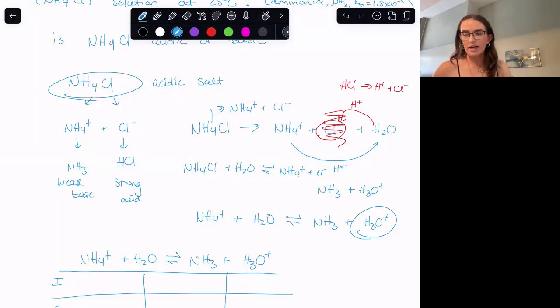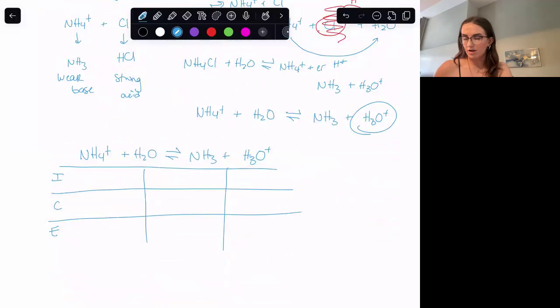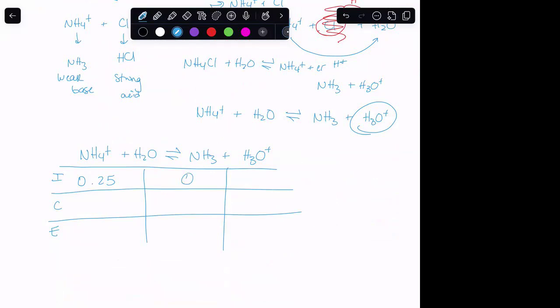So that entire 0.25 molar will also be 0.25 molar for your ammonium ion. And what do we put in for NH3 and H3O plus? 0 and 0.